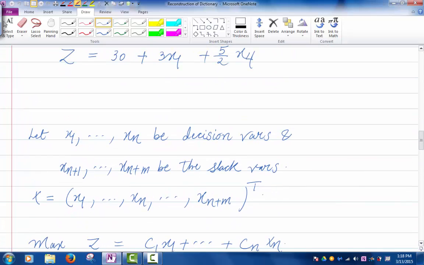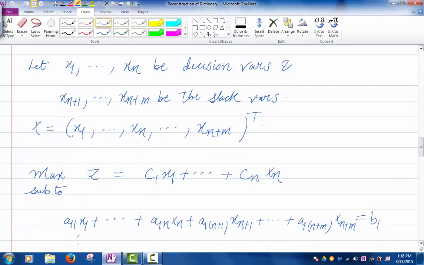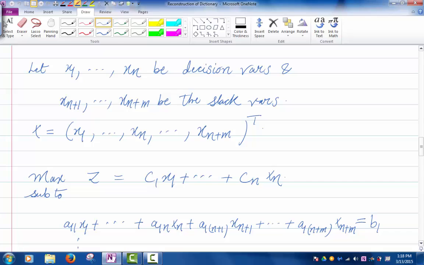So I'm just going to generalize this idea for the general problem. Let x1 through xn be decision variables, and xn+1 up to xn+m be the slack variables. Remember our general standard form problem. We were denoting the number of functional constraints by m and the number of decision variables by n.